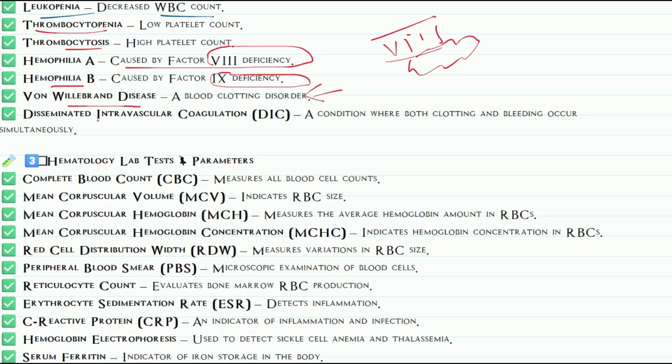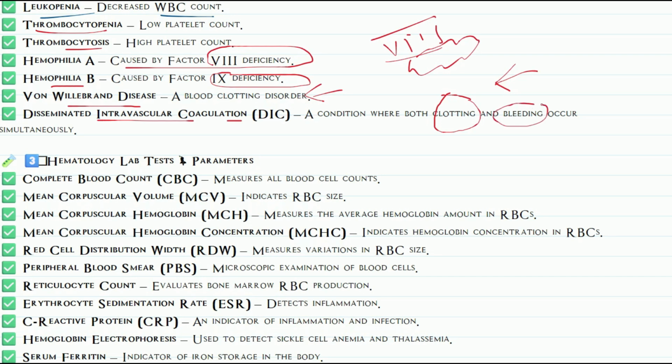Another one, we have disseminated intravascular coagulation. It is a rare condition, but a very dangerous one, because there are two types of death-like situations for the patient. One is a huge amount of clotting. Another is that, due to the huge clotting, all the clotting factors are involved in this clotting, and as a result the patient may bleed.